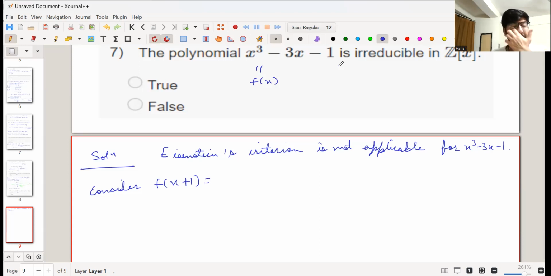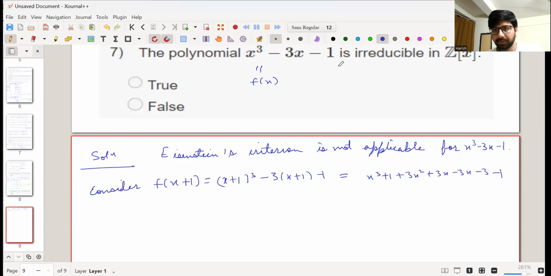So f(x+1) is (x+1) cube minus 3(x+1) minus 1. You can see that this is x cube plus 1 plus 3x square plus 3x minus 3x minus 3 minus 1.